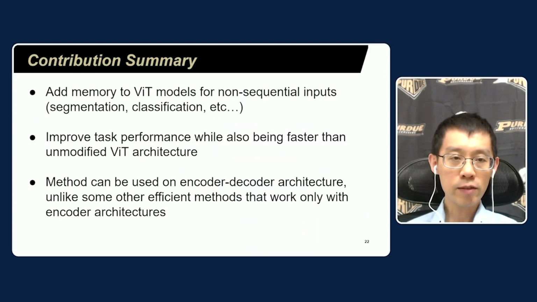Existing methods for neural Turing machines usually focus on sequential input, such as language models, but we are adapting this architecture for non-sequential inputs, such as images, segmentation, or classification. We want to use this architecture to be faster because we can prune more tokens, but we also have a memory that can allow us to recover the accuracy. I will show you a picture in the next slide. This method can also be used for encoder-decoder architecture, and it's more general.